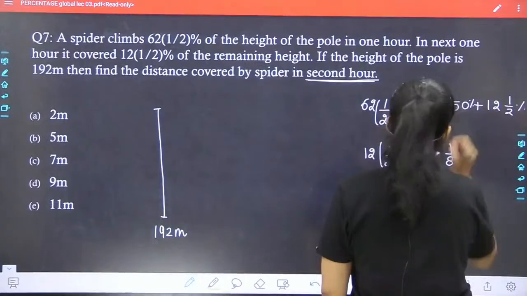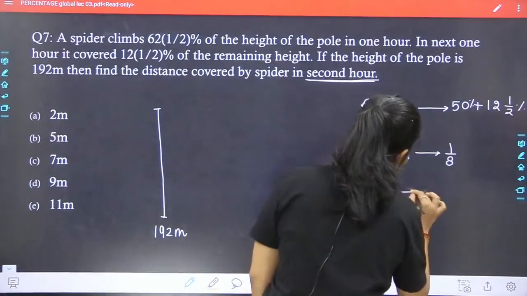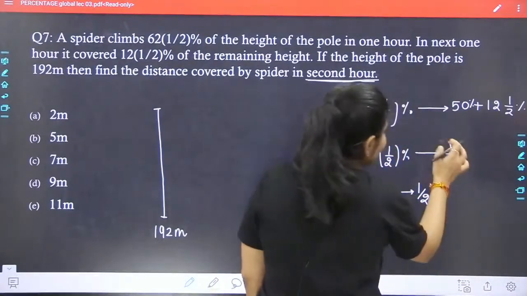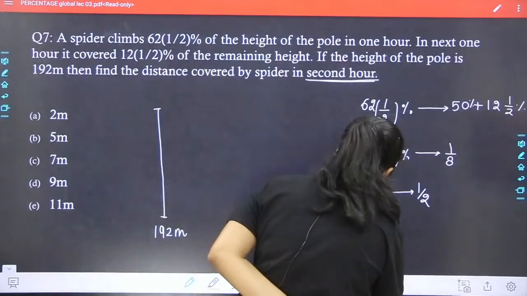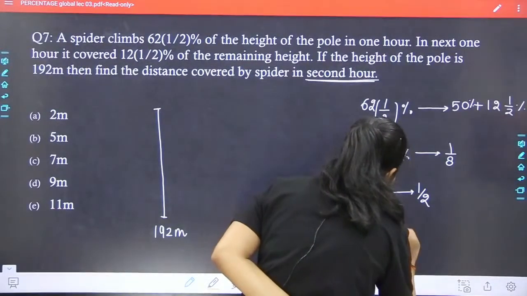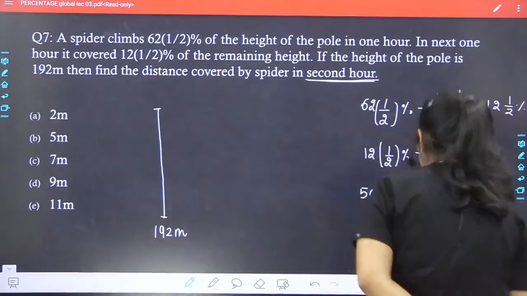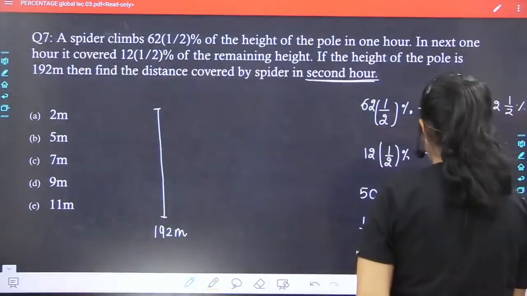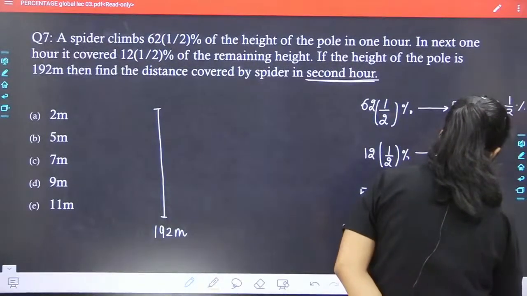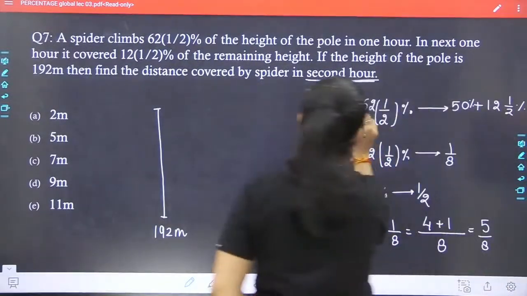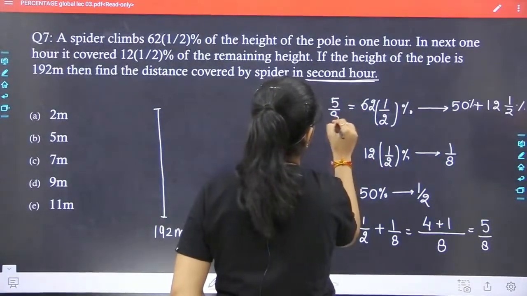And I can write 50% as 1 by 2, and I know the value of 12 1 by 2% is 1 by 8. So I have to add 1 by 2 and 1 by 8 together, and I'll take the LCM over here. The LCM of 2 and 8 is 8. That means the value of 62 1 by 2% in fraction is equal to 5 by 8.